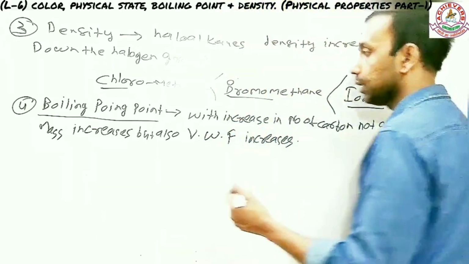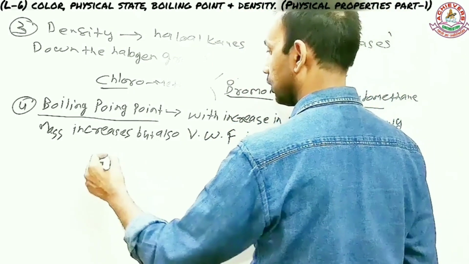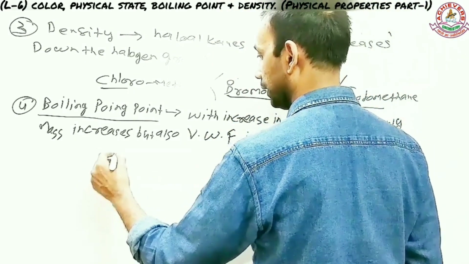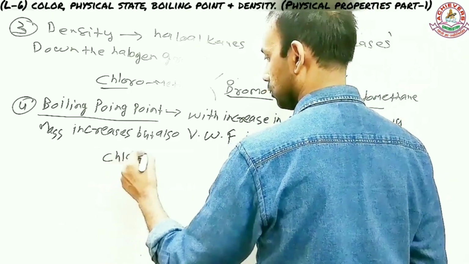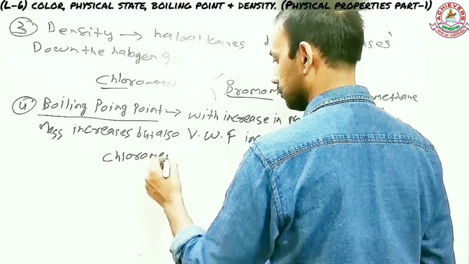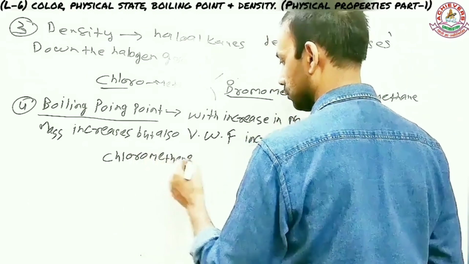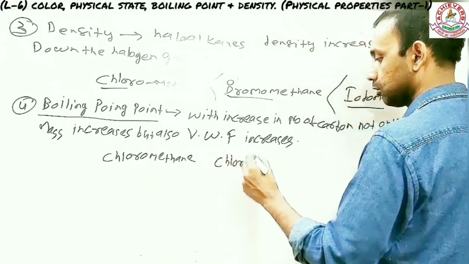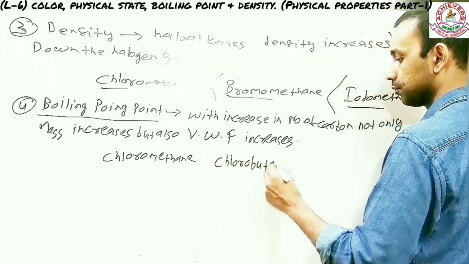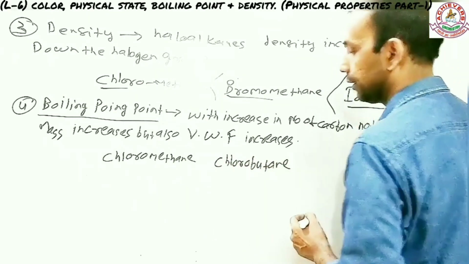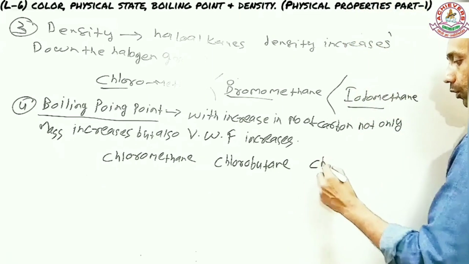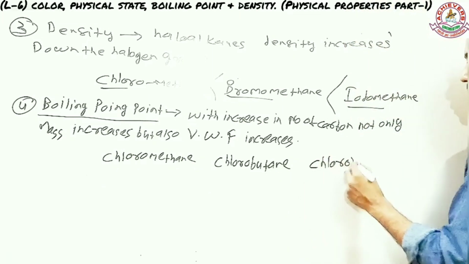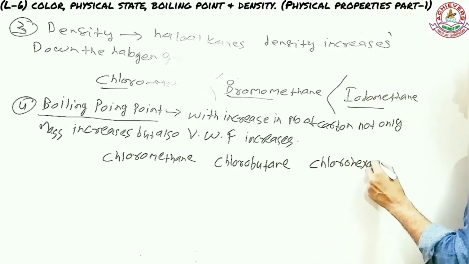So let's take an example. Suppose you're talking about chloromethane, chlorobutane, and chlorohexane.